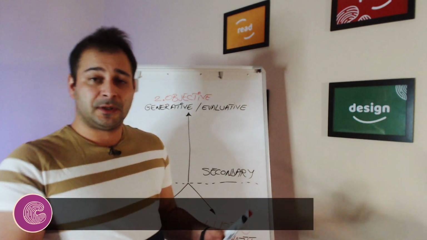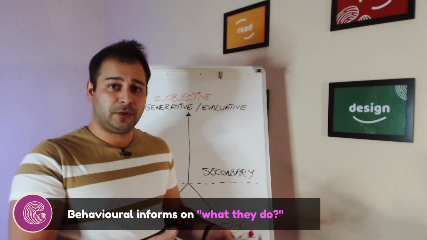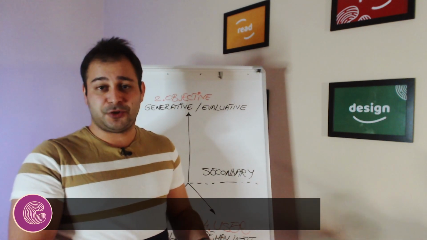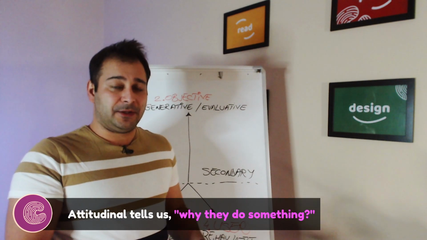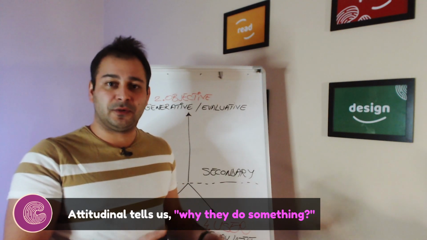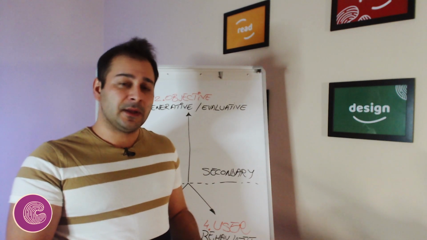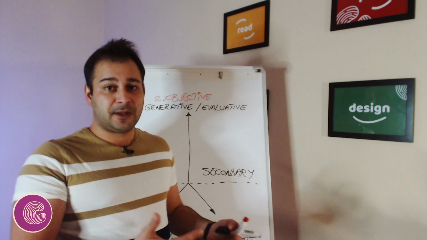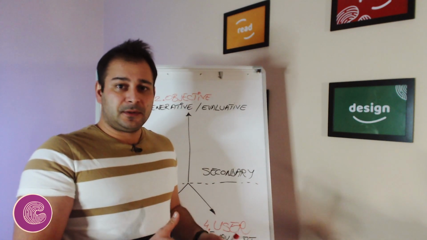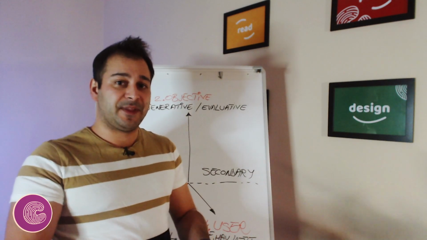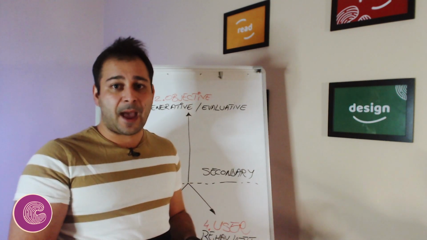Behavioral research is interested in what they do, how they act in a specific situation or in a given scenario, while attitudinal research is more about what they think, what they feel, what opinions and beliefs they have. Usually the attitude will determine the behavior of individuals. Attitudinal research will tell you why some things happen, while behavioral research tells you what happened.